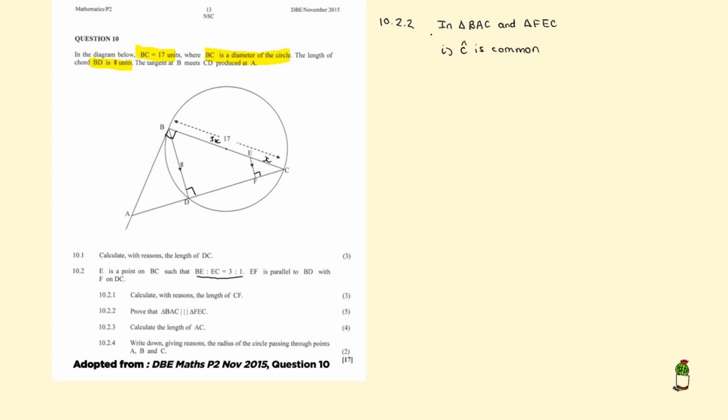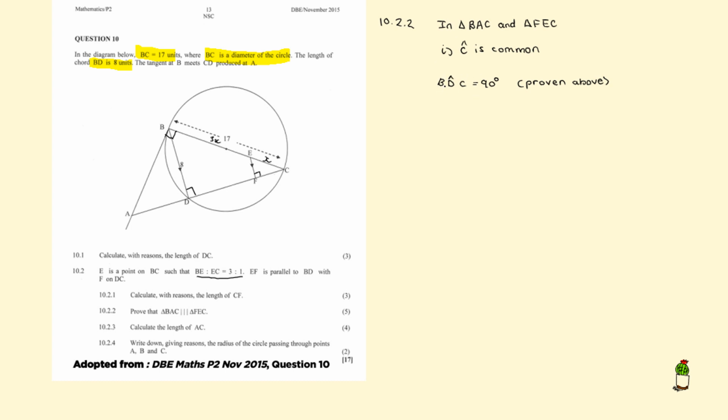So we just need to repeat angle BDC is equal to 90 degrees, right? And this was proven above. Okay, so this is 90 degrees.